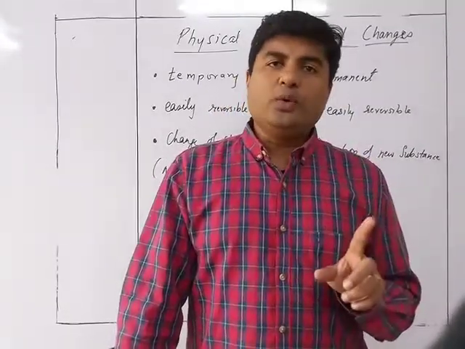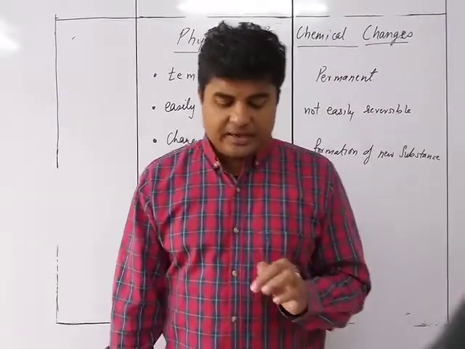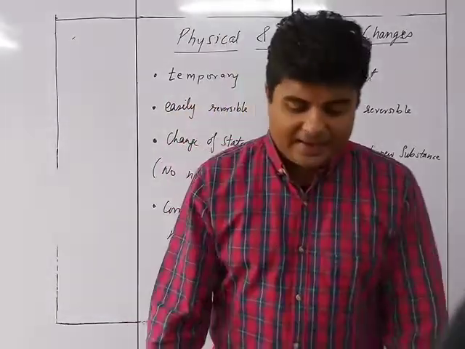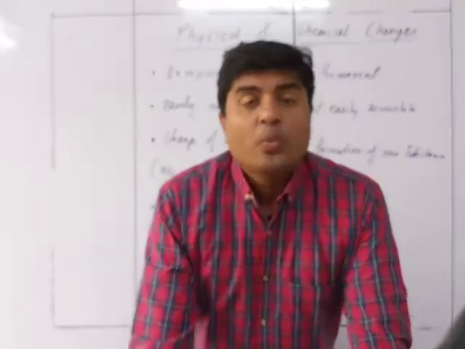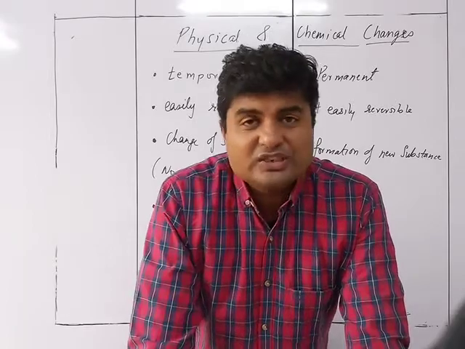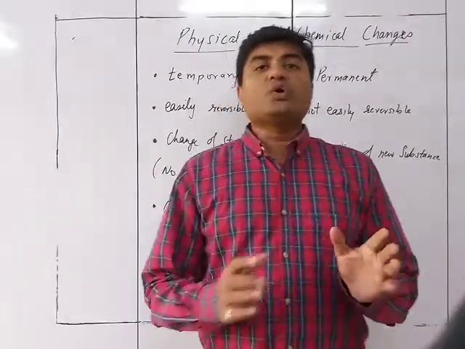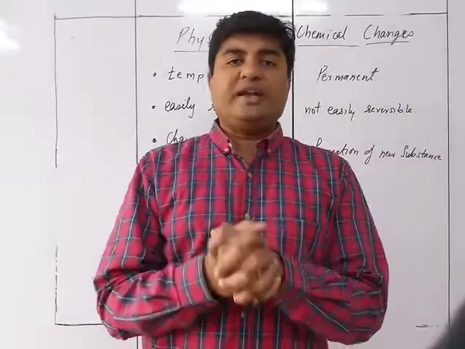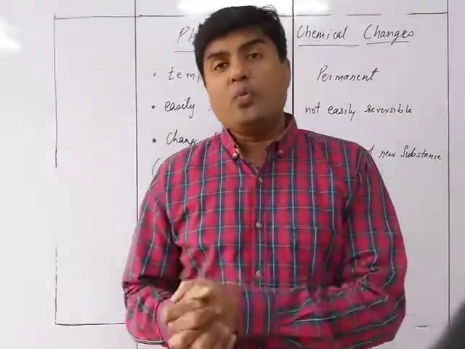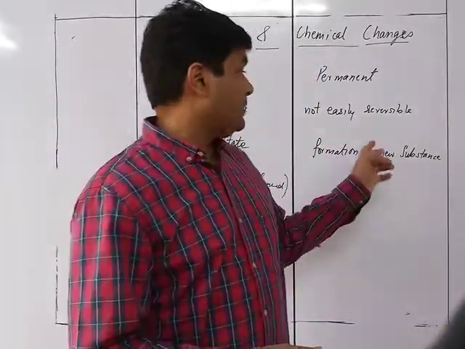So you see over here that, first and foremost, it loses its identity and produces one or more new substances by a change in its composition. So there is going to be a change which produces a new product altogether. A new substance is going to be produced.